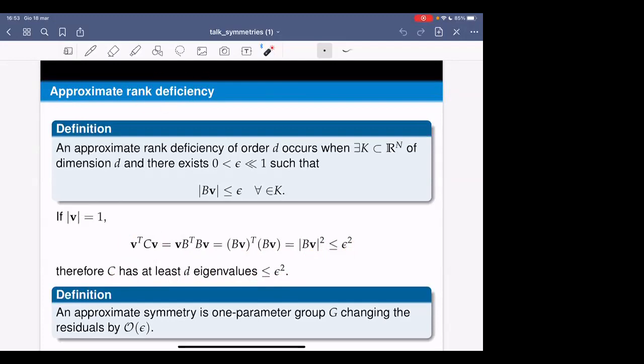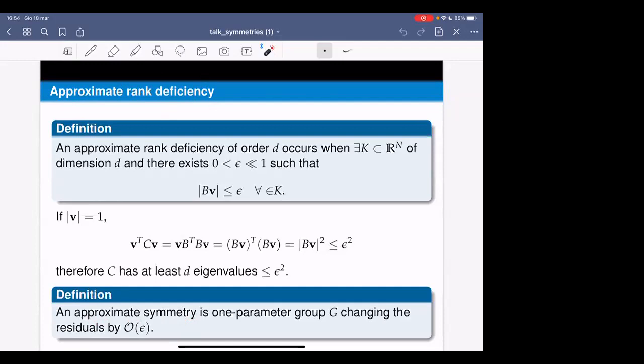When we are in the presence of a rank deficiency, we usually are also in the presence of a symmetry. So to symmetries correspond rank deficiencies, to approximate rank deficiencies correspond approximate symmetries.